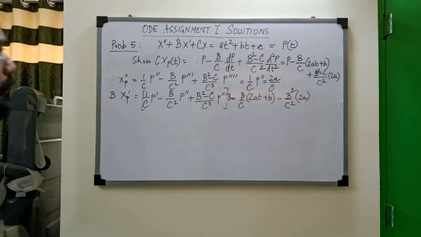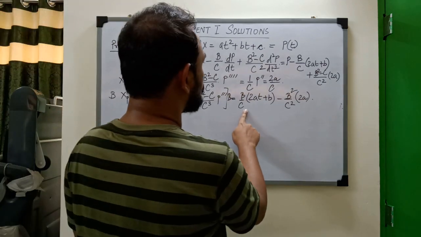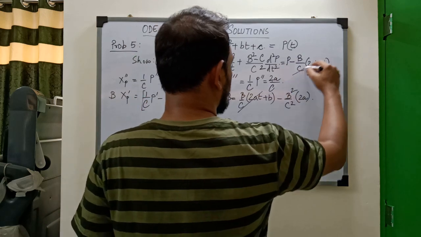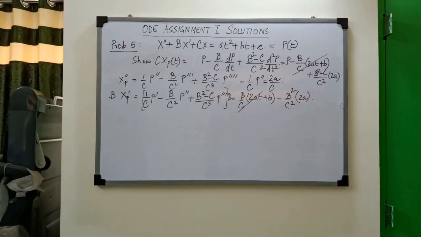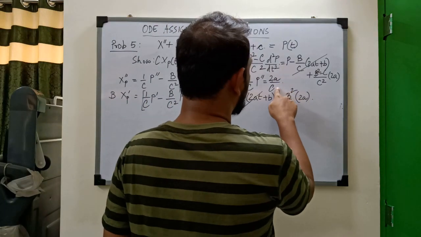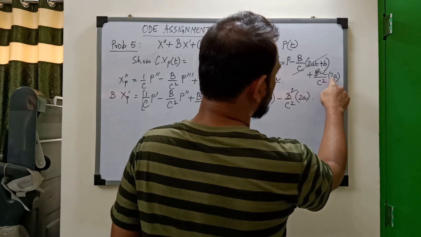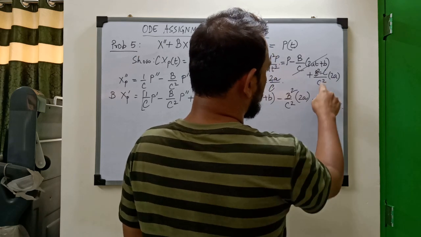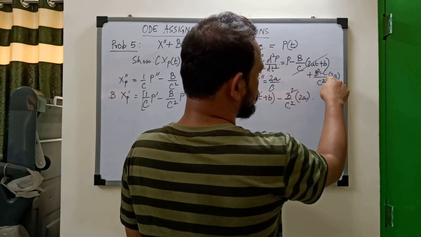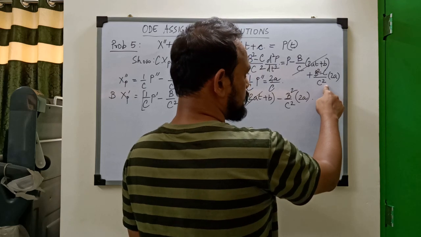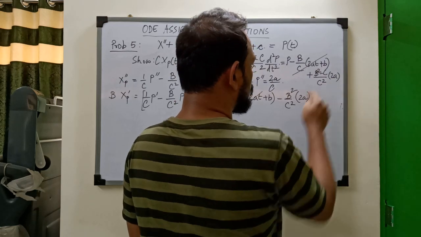If I add all of this, this one and this one will cancel. This one just cancels with this one. What else will cancel? This one, 2a over c, cancels with a minus 2a over c, because if you take the c, this gives me minus the c, and the c square will cancel once to give you a c on the bottom, and small 2a.